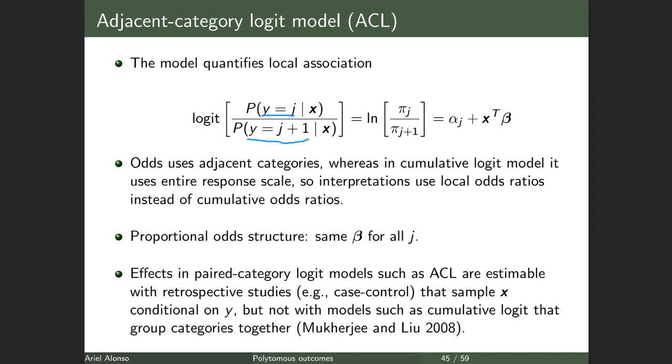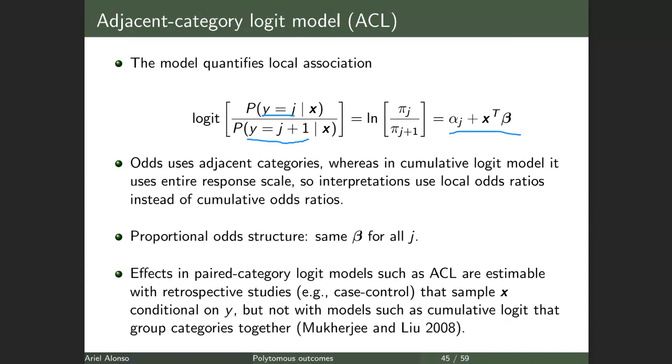That's why you call it the adjacent category model, because you are looking at these adjacent categories, the category j and the category j plus 1. And then you model that logit using this linear predictor over here. As you can see, you're assuming again the same effect for all the covariates.